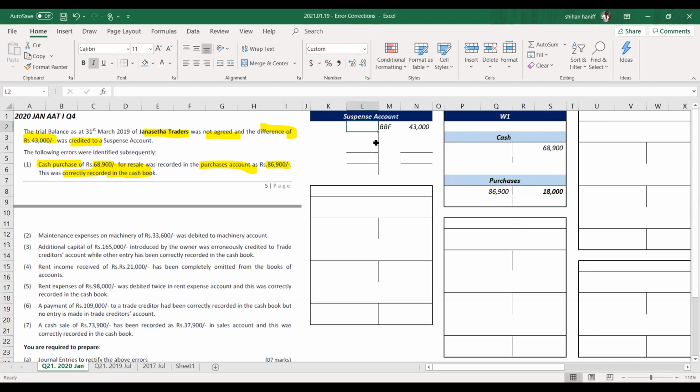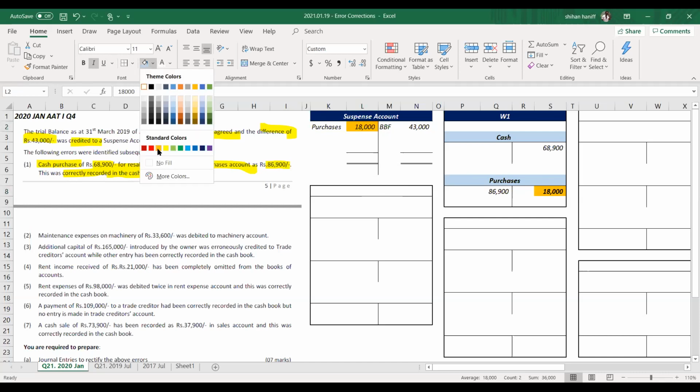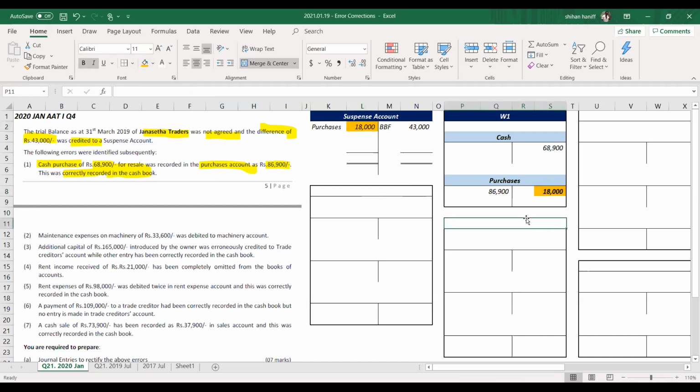So the difference will be taken to suspense account, 18,000. Our correction double entry is suspense account debit, purchases account credit.